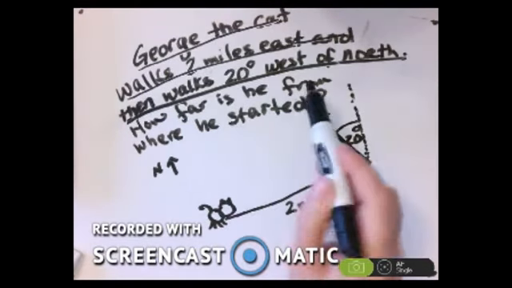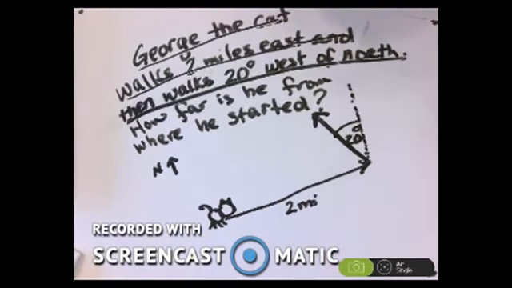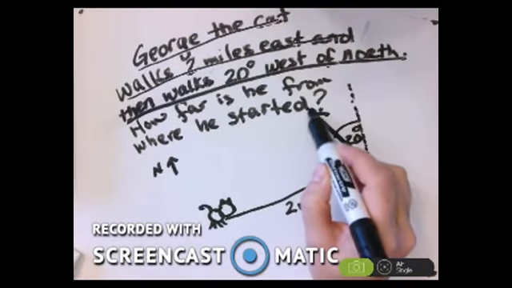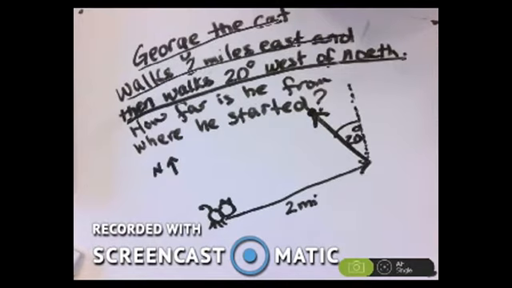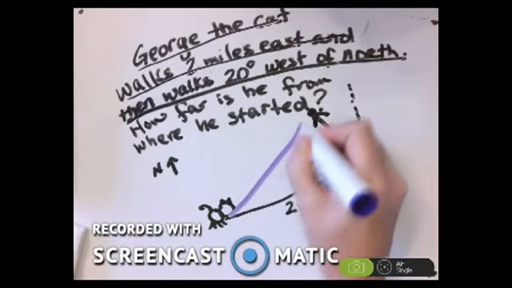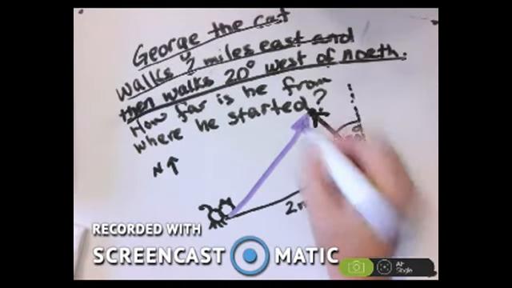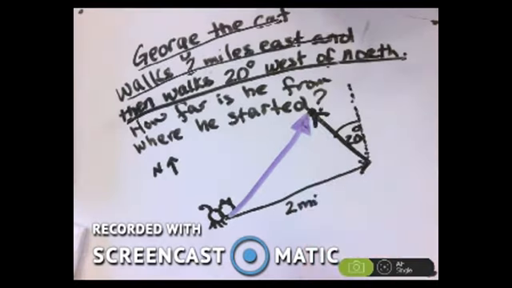How far is he from where he started? Well, what we're going to do here is we're going to put a little dot here. That's where the cat ends. This is where the cat starts. And what we're looking for, our big fat question mark, is we basically want to know what is this displacement vector from where he starts to where he ends.